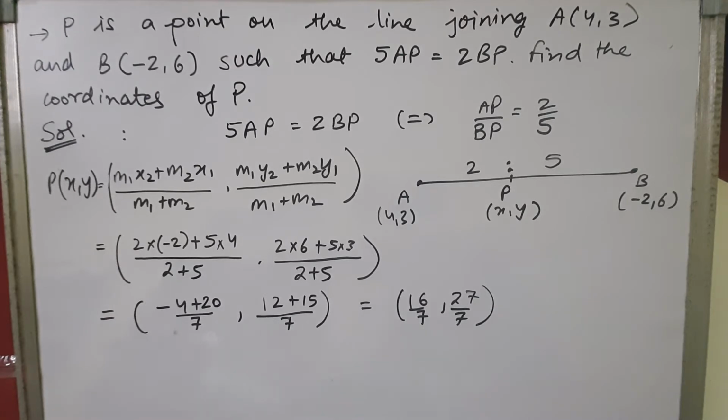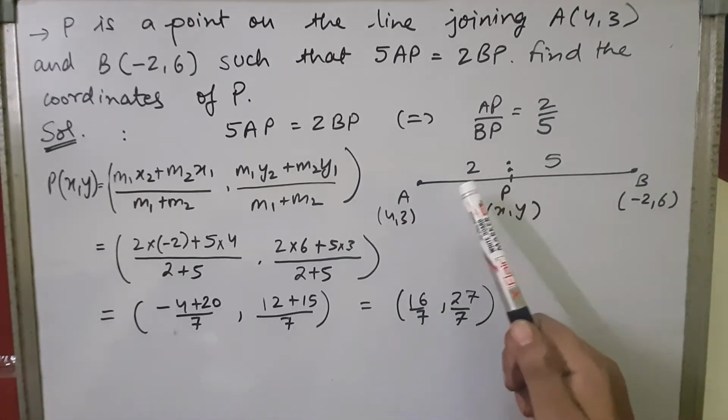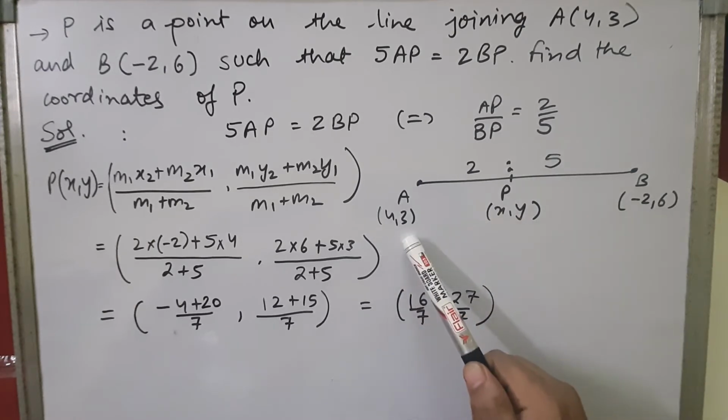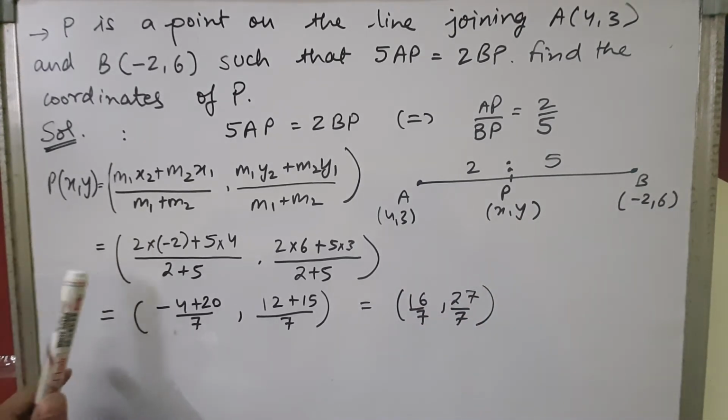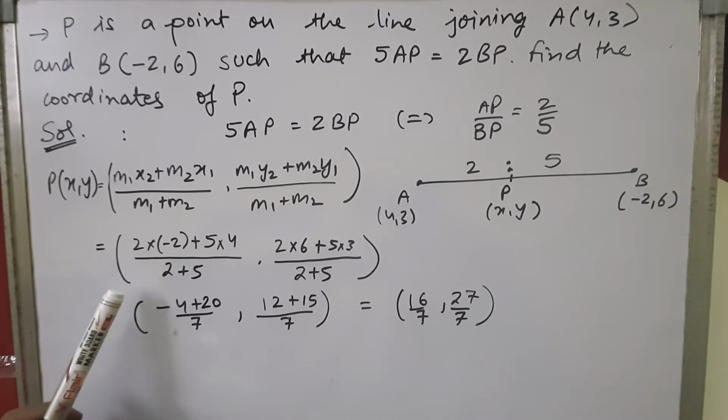When we apply the section formula here, P (x, y) is (M1 x2 plus M2 x1 upon M1 plus M2, M1 y2 plus M2 y1 upon M1 plus M2). Okay, on substituting the values, so this is M1, M2, x1, y1, x2, y2. Let's substitute: 2 into -2 plus 5 into 4 upon 2 plus 5, it will be -4 plus 20 upon 7.